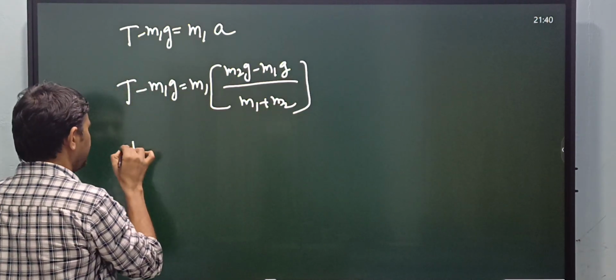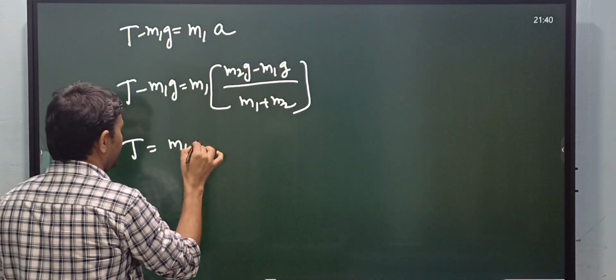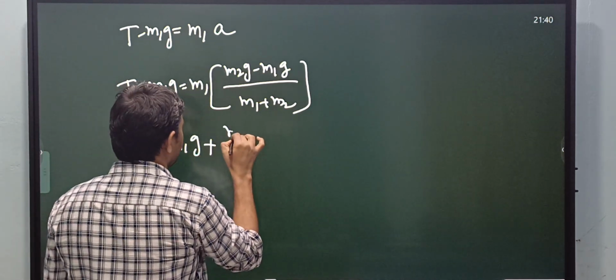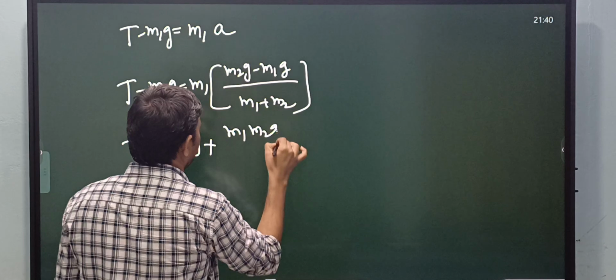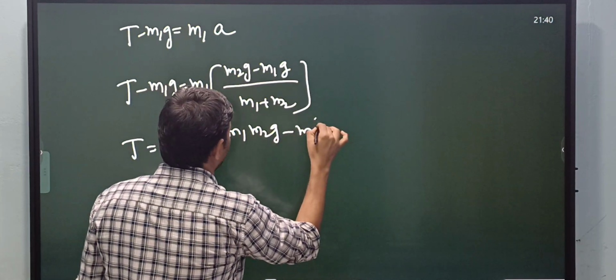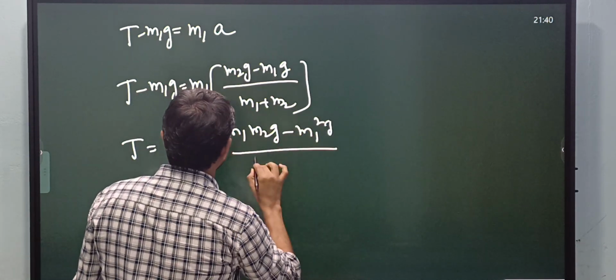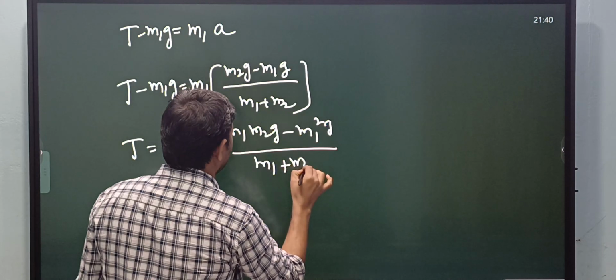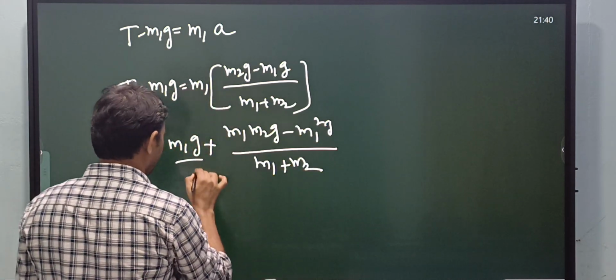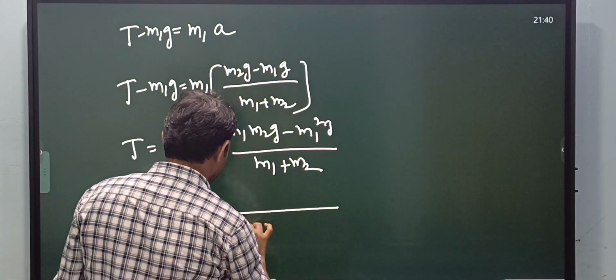So from this, write T is equal to m1g plus m1 m2g minus m1 square g, divided by m1 plus m2. Here the LCM is m1 plus m2.